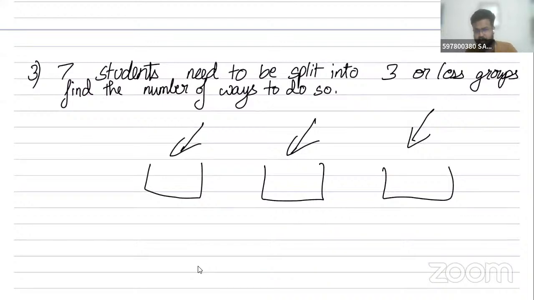So again, I'm repeating. There are three independent groups in which we are putting seven students inside. Think about what all can happen.